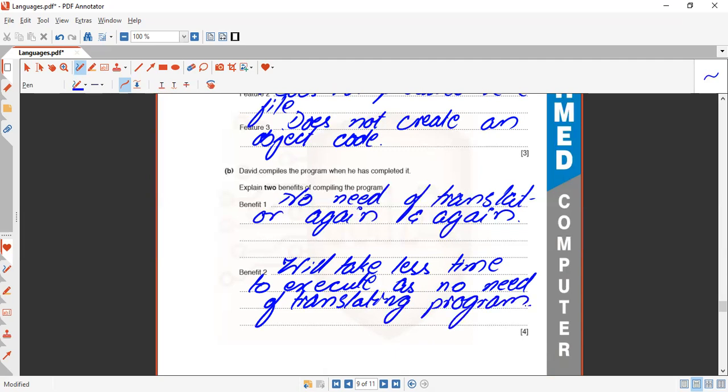As there will be no need of translating the program, obviously it will take less time to execute. Okay, you can write in this manner.